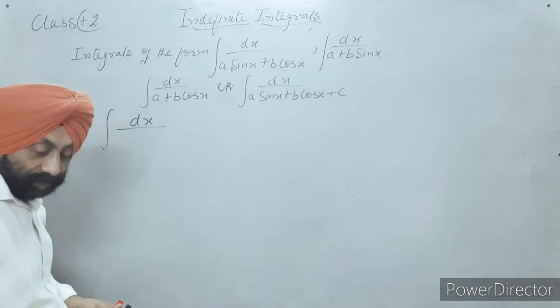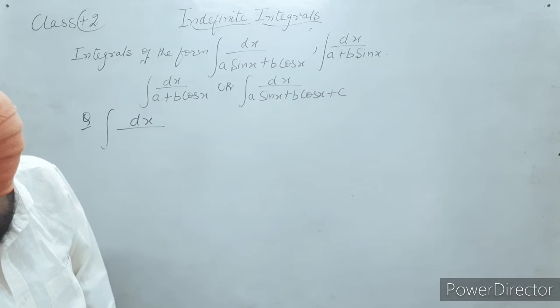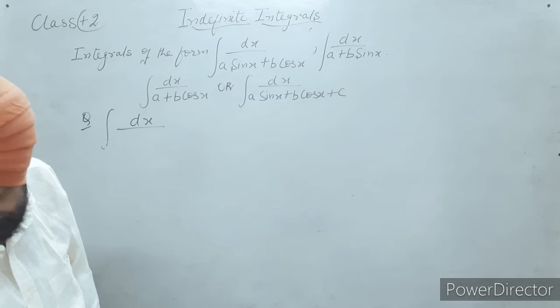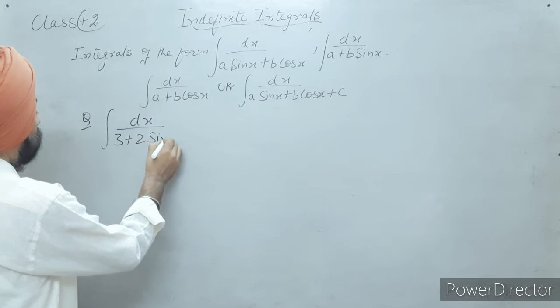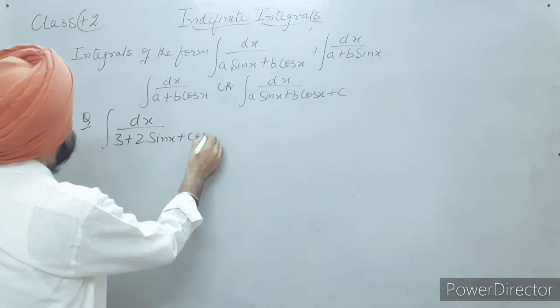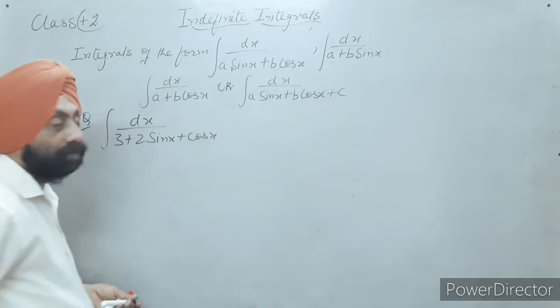Now, the second sum. The question is dx upon 3 plus 2 sin x plus cos x. It is of this type.